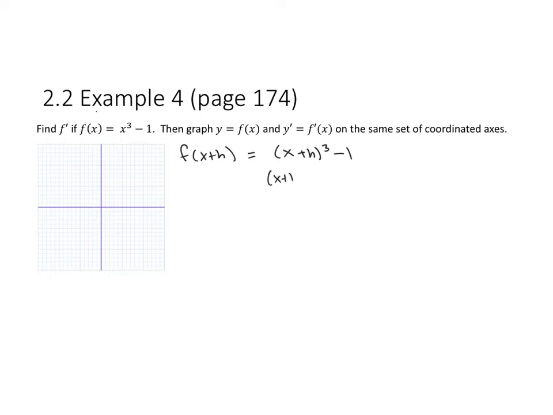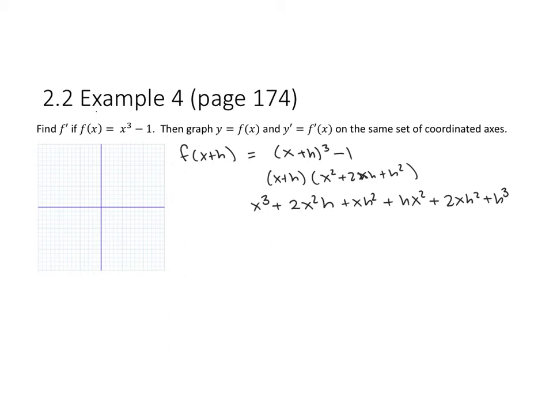So I have f of x plus h times x squared plus 2xh plus h squared. And then I'm going to FOIL it out again, or distribute one more time, and I get x cubed plus 2x squared h plus xh squared plus hx squared plus 2xh squared plus h cubed.